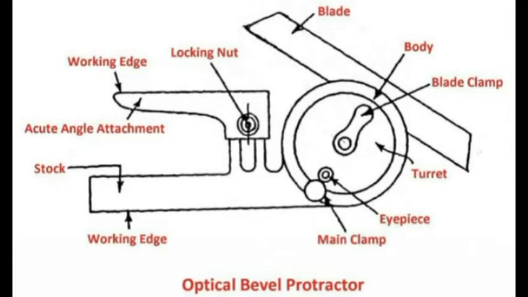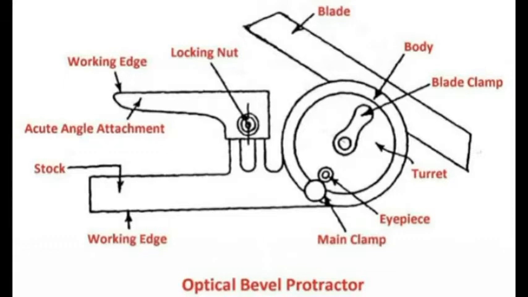integral with the instrument. The scale is graduated as a full circle marked 0 to 90, 90 to 0, 0 to 90, 90 to 0. The 0 position corresponds to the condition when the table is parallel to the stock.